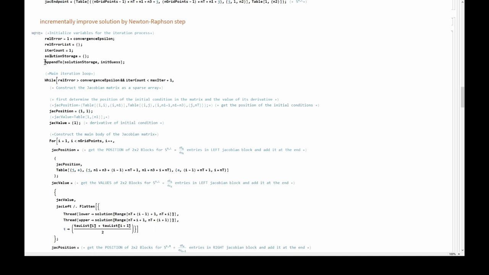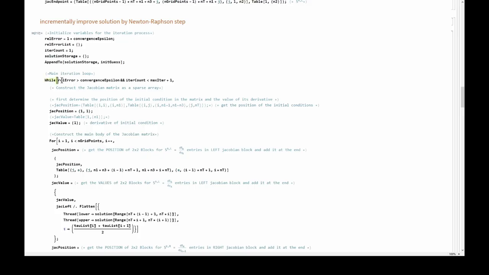Our initial guess is the first element of our solution storage, so the first vector is our initial guess, and the other ones will be filled up as we go.